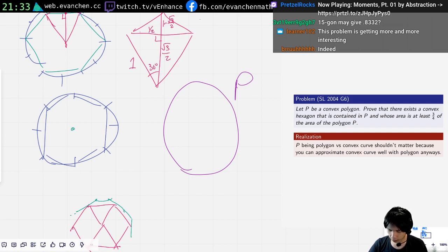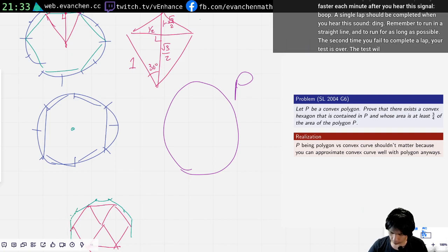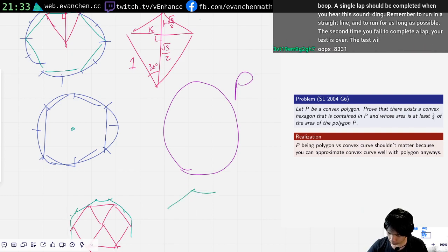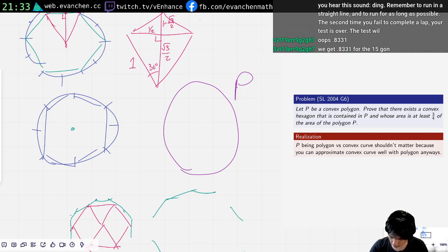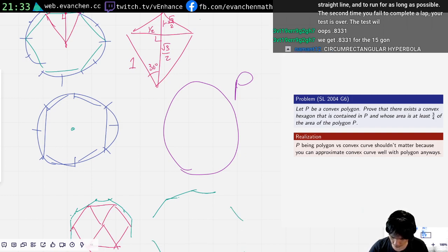Can I draw a big... I'm trying to imagine a 12-gon that looks something like this, where the sides alternate in some weird way, and then you try to take the midpoints or something. I'm not sure.